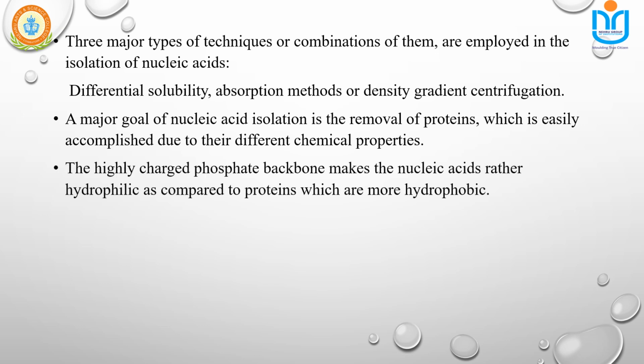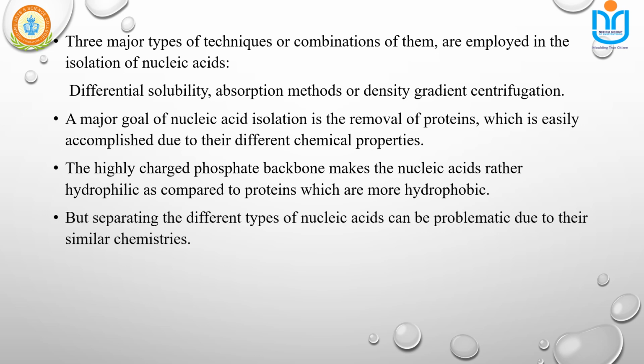The highly charged phosphate backbone makes the nucleic acids rather hydrophilic as compared to proteins, which are more hydrophobic. Hydrophilic means water-loving and hydrophobic means water-hating. But separating the different types of nucleic acids can be problematic due to their similar chemistries.